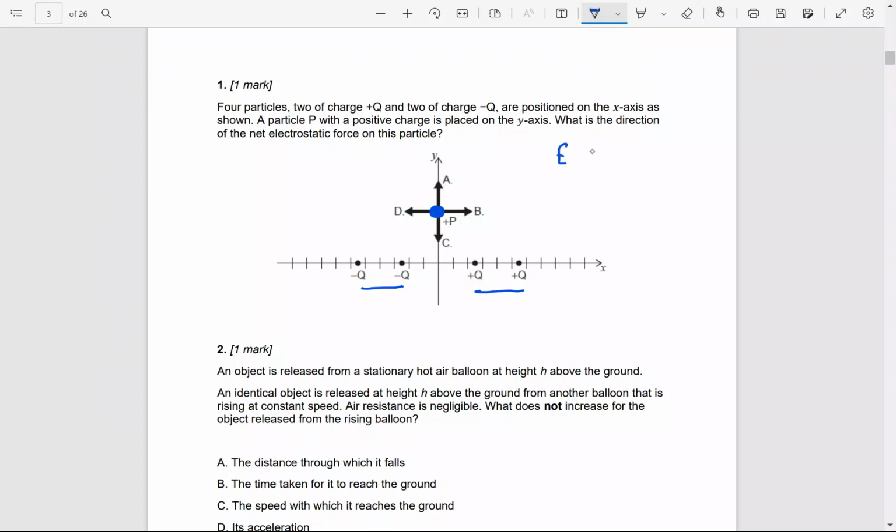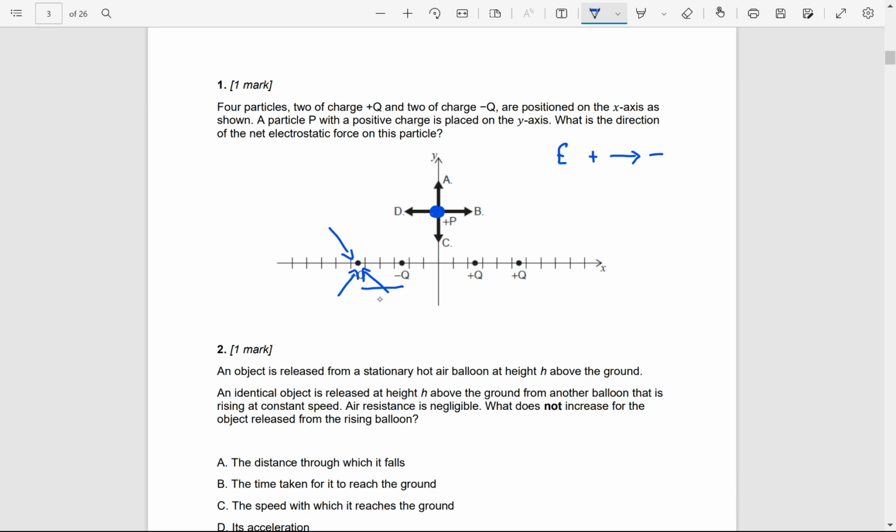So the electric field goes from positive to negative. So we have radial fields coming out in all directions from the positives, like that, and we have radial fields coming in to the negatives as so.